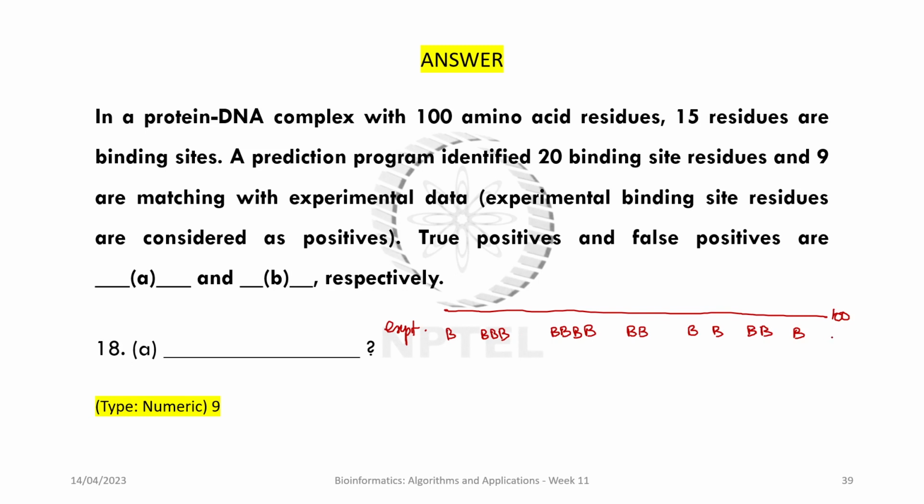Okay, so these are experimentally found binding sites, and then you have predicted, and they are predicting 20 different sites. So first let me just map some random 9 sites. 3, 4, 3, 6, 9.